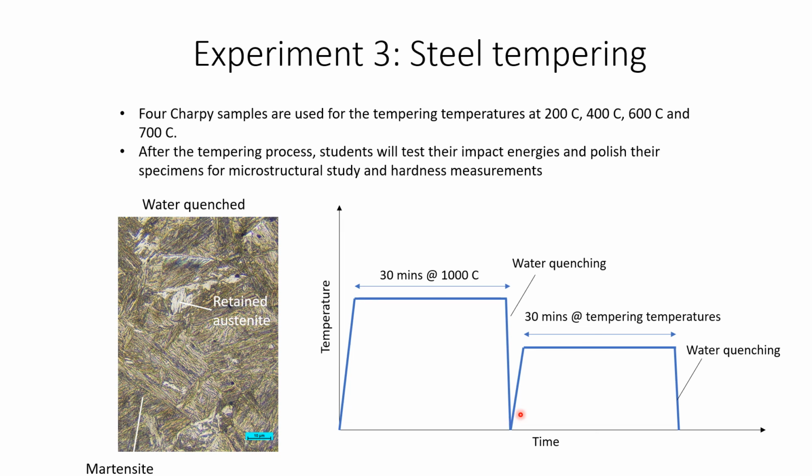Then you're going to put the 4 Charpy samples at 4 different tempering temperatures for 30 minutes and perform the second water quench. Then you're going to perform the impact test and the hardness test to see how the toughness and hardness change with different tempering temperatures. That's the major part of the experiment.